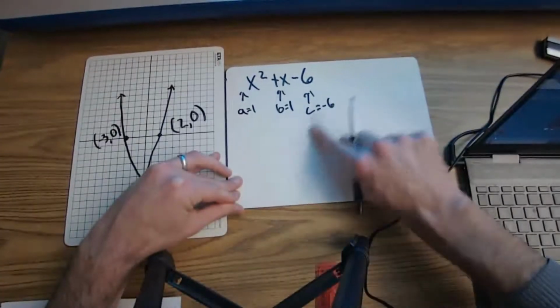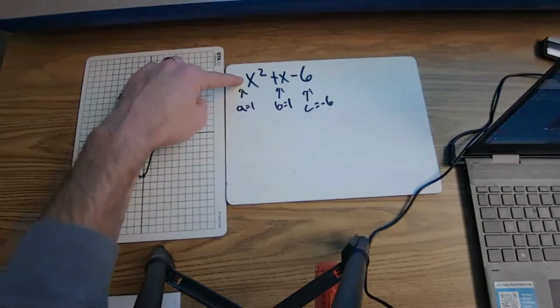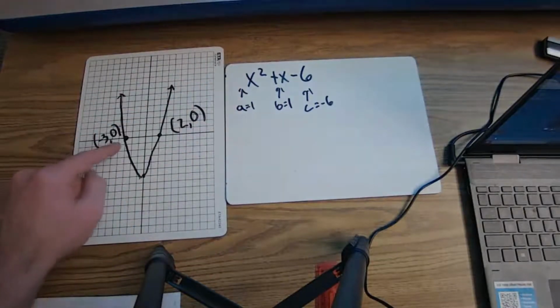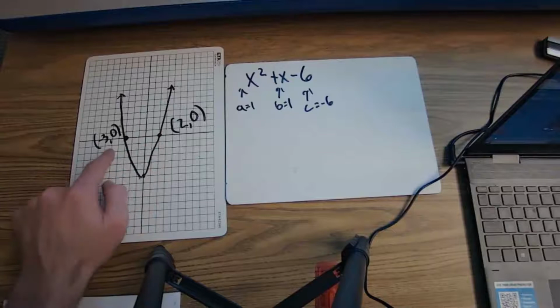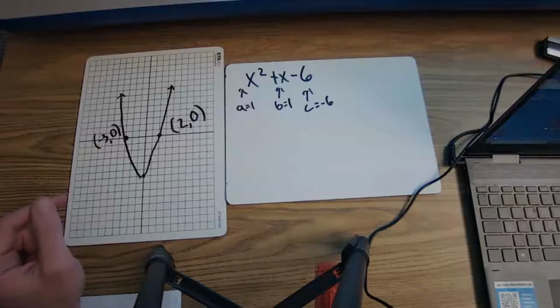Alright, so what we want to do is manipulate this equation into a way that'll show us exactly what these two things are going to be, basically just by looking at the equation.